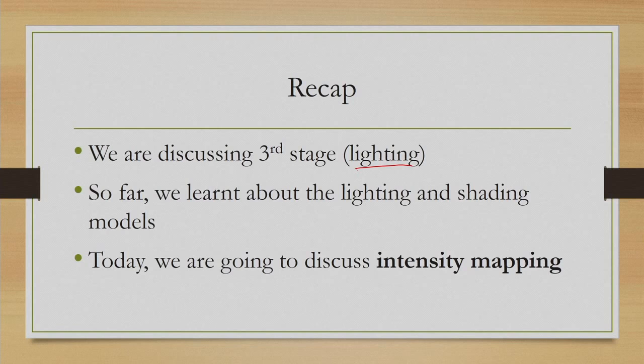Now, these components are ambient light, diffused reflection due to direct light source, and specular reflection due to direct light source. And for each of these we have learned models, and these models in turn make use of the vectors, surface normal vector or the viewing vector and the vector towards the light source. All these vectors are used to compute these components, and at the end we sum up these 3 component contributions to get the overall color values, which is expressed in terms of an intensity value.